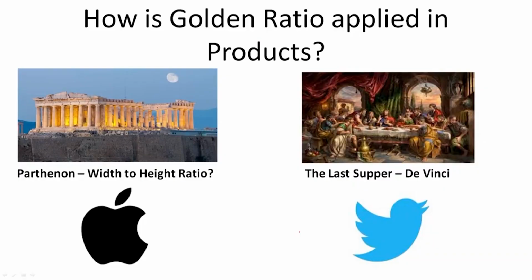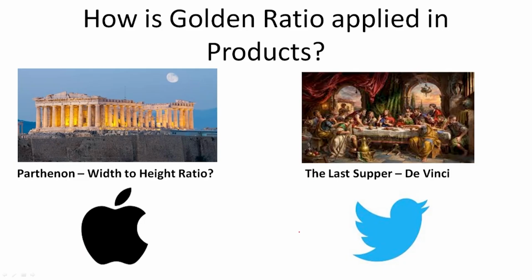How is the golden ratio successfully applied in products? Well, there are many examples. For the Parthenon, the great Greek architecture, the width to height ratio is known to follow the golden ratio. Da Vinci, I told you, has used this many times, and the Last Supper is one of the very famous paintings where the golden ratio is followed.